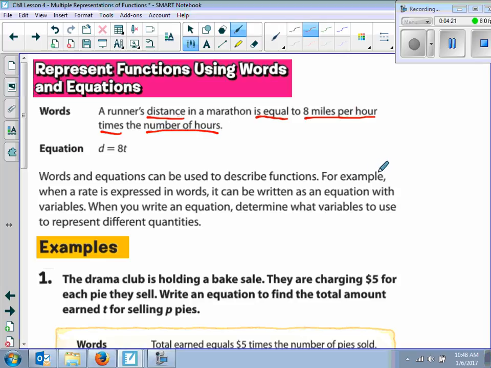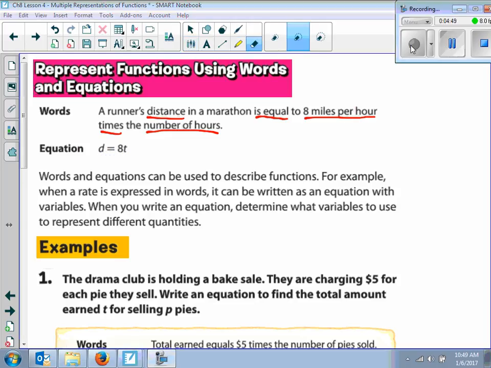Does everybody see the equation? Yeah. So distance, D, is equal to 8 miles per hour times, there's the times because there's no space in there, times the number of hours, times T.